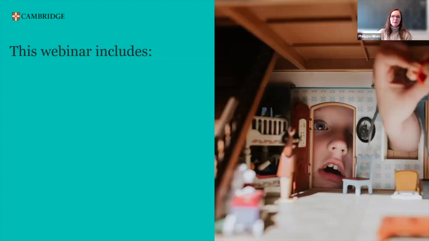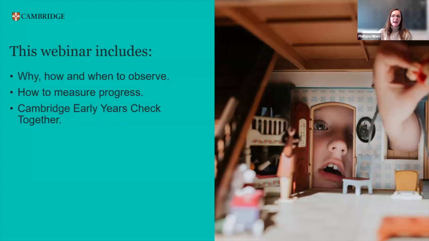Let's have a look at what we will be covering today then. As Bridget said, we will be looking at the why, the how, and the when to observe, and looking at how to measure your children's progress. Chris will talk us through the Cambridge Early Years Check Together as an additional tool as well.